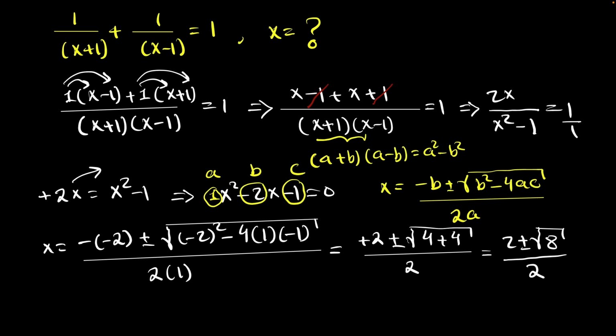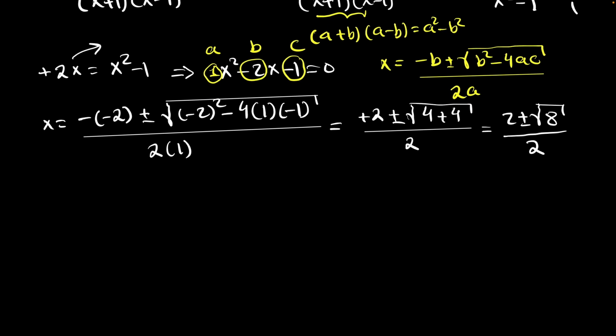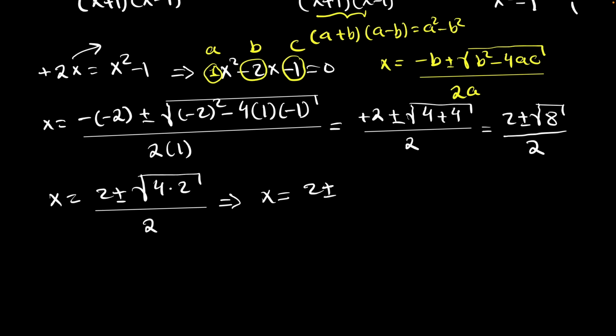So here we can simplify. We can write 8 as 4 times 2 over 2, and also x is equal to 2 plus or minus. We can write separately the square root of 4 and the square root of 2, over 2.